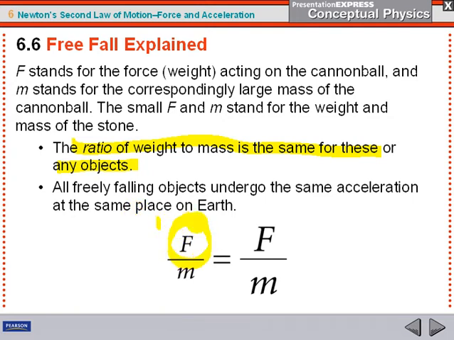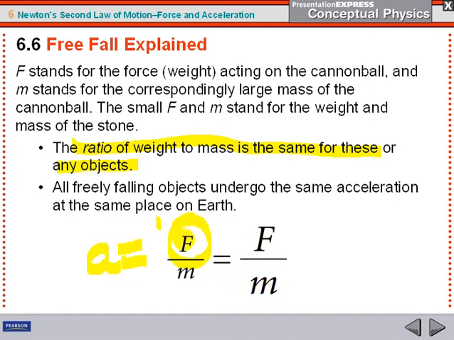So here's the 1 kilogram stone, and if this is acceleration here, the force on the 10 kilogram stone is greater, but it also has greater mass.